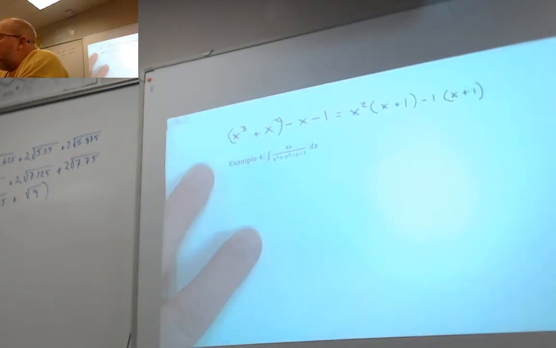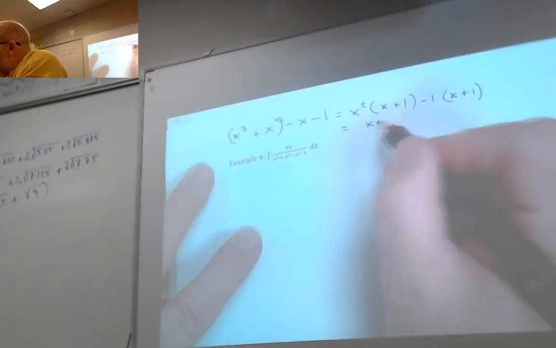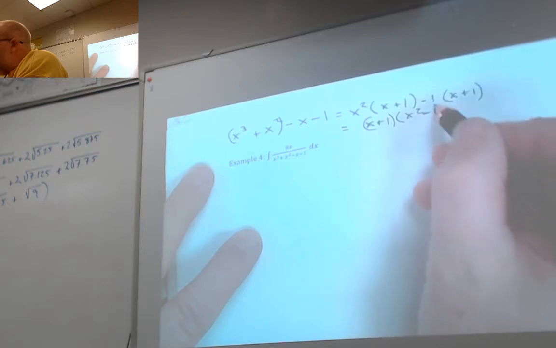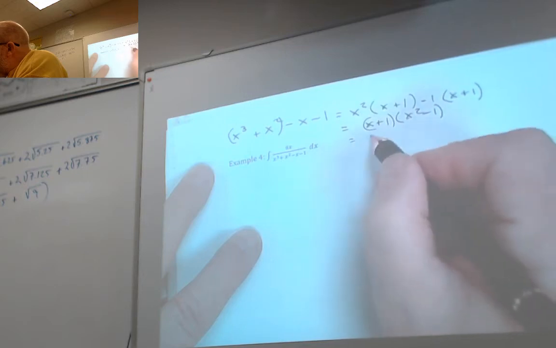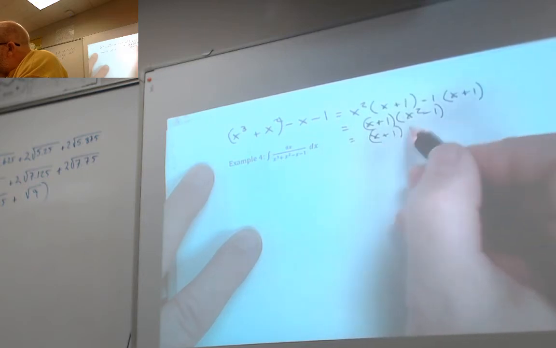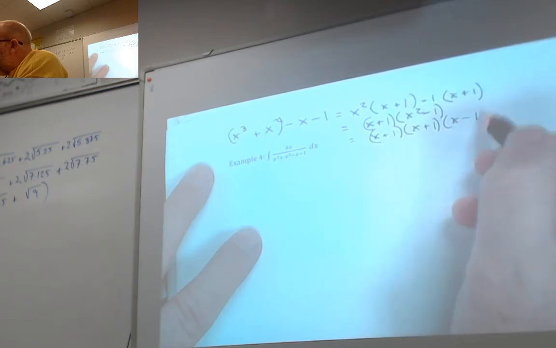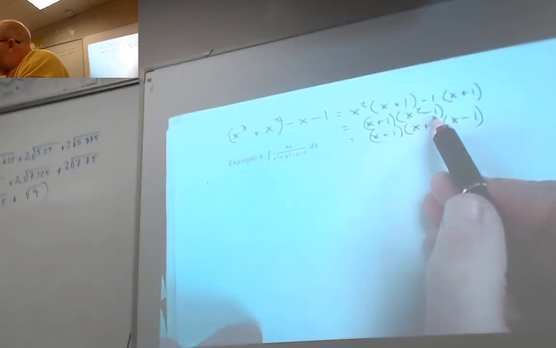Remember doing something like this? And so this is going to be x plus 1 times x squared minus 1. Would you agree? Which is the same as x plus 1 times x plus 1 times x minus 1. Because this is a difference of conjugates, difference of squares. If I multiply the conjugates, I get that.